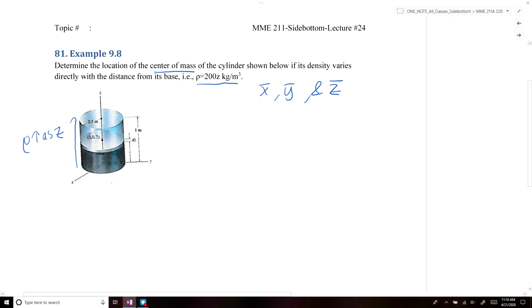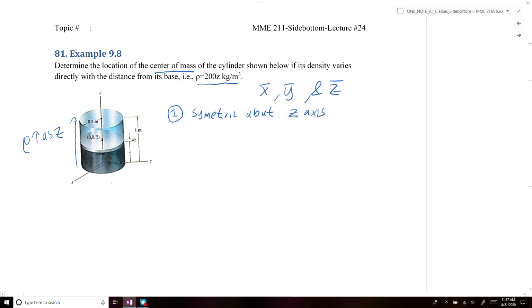All right. So the first thing you'd want to do in this problem, and you should do this for all problems, is look for any axes that the rigid body is symmetric about. In this case, the rigid body is symmetric about the z-axis.